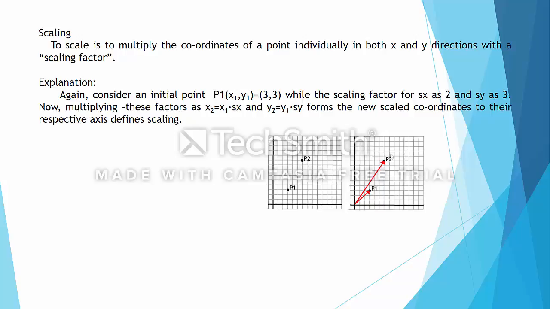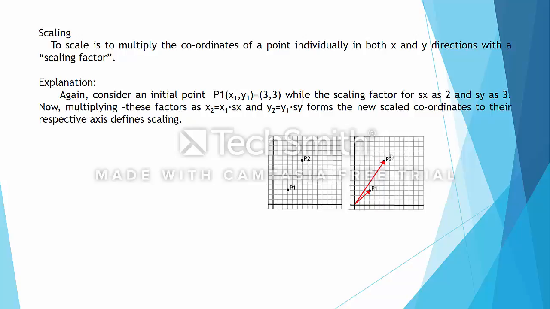We consider a single point as a starting point. Let's say P1 is (x, y). We scale this point by multiplying with a scaling factor of some value in both x and y directions. Therefore, we get a new point P2. The relation says that x2 equals x1 times sx and y2 equals y1 times sy.